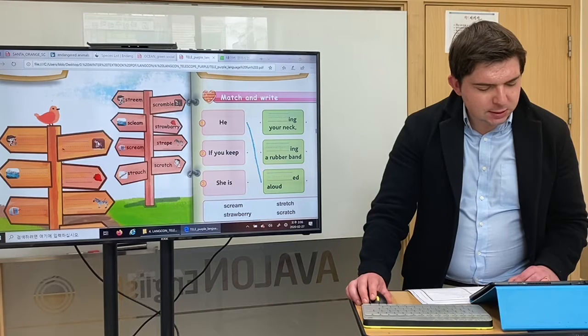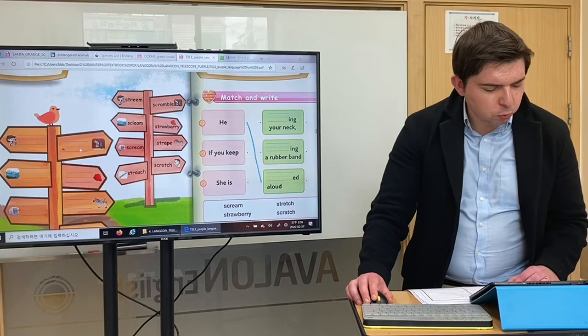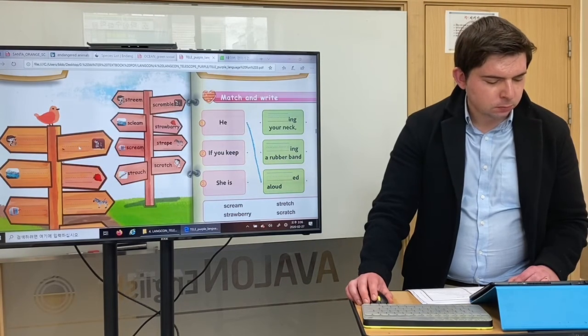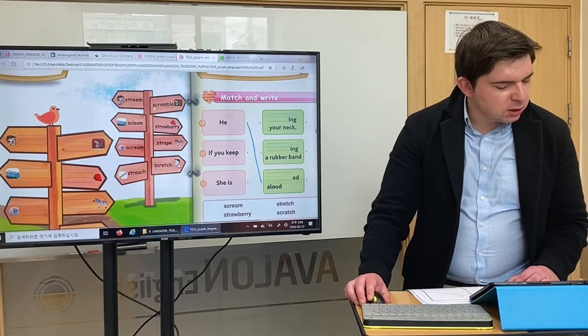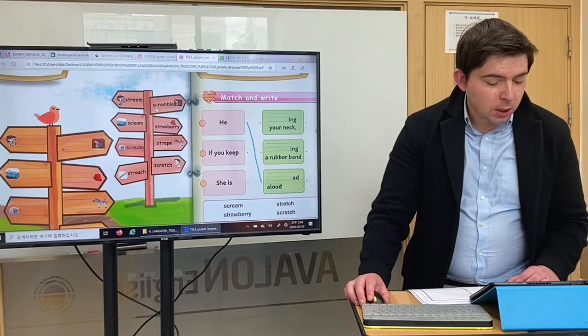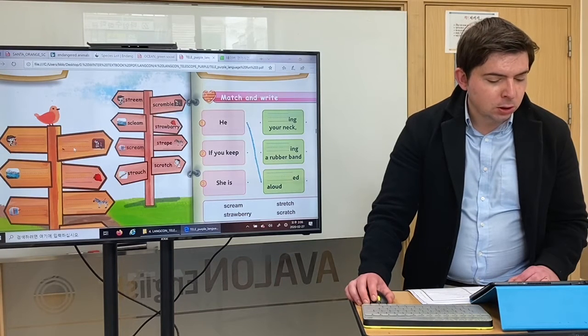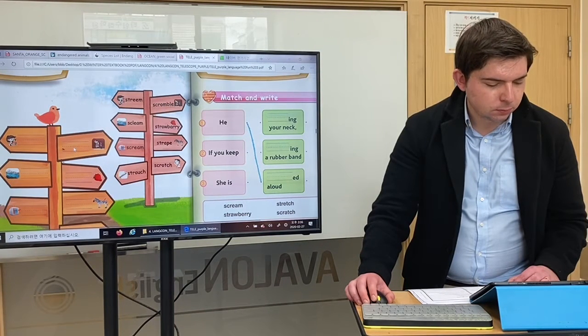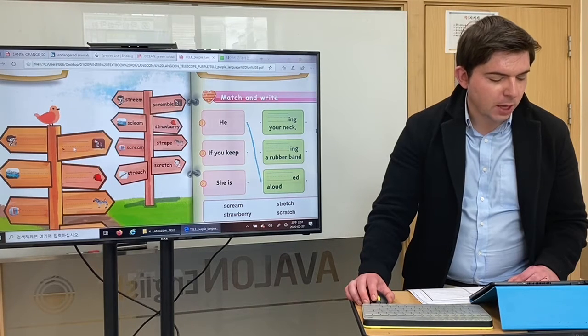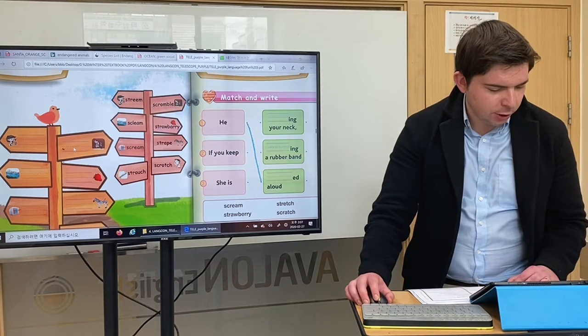What is this image and what word goes here? Scribble. Now it's not scrumble. How do we spell scribble? Scribble. That is correct. Very good.